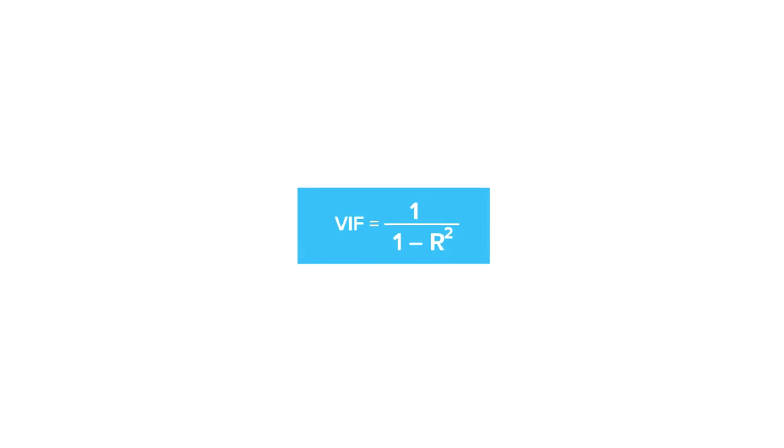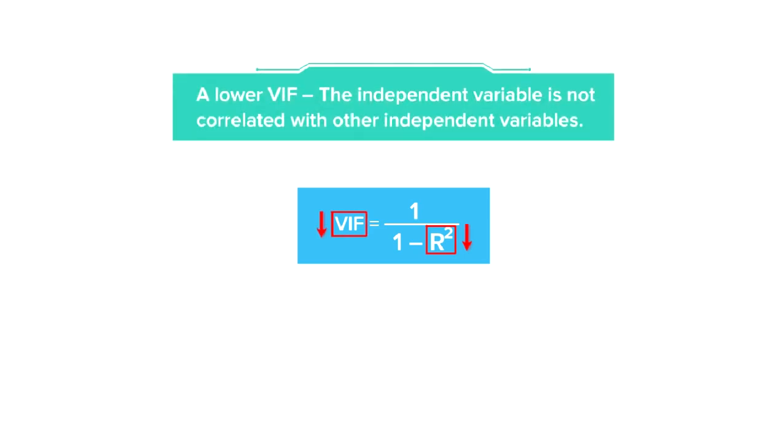Now that we have calculated the R-square score, we will calculate the VIF using the formula as shown on the screen. If you notice, lower the R-square score is, lower the VIF value is. A lower VIF means that the independent variable is truly independent and is not correlated with or explained by the other independent variables.